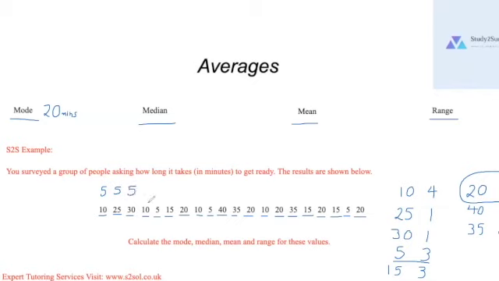Then we need to progress to the next highest value, which is 10 minutes. So we again can look at our frequency table to see how many people said it took them 10 minutes to get ready. And as we can see, it's 4. So we're going to write out 10 4 times.